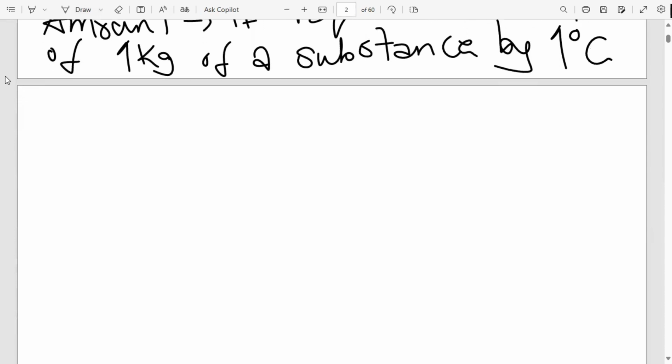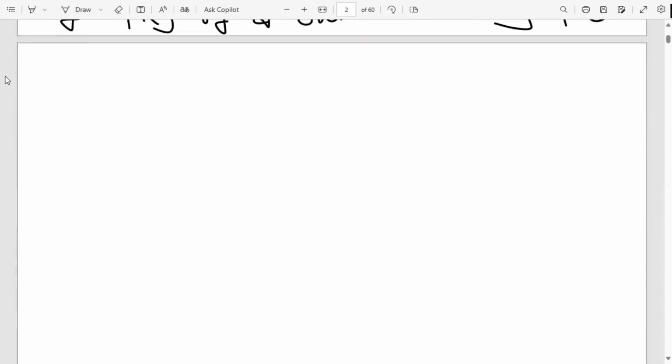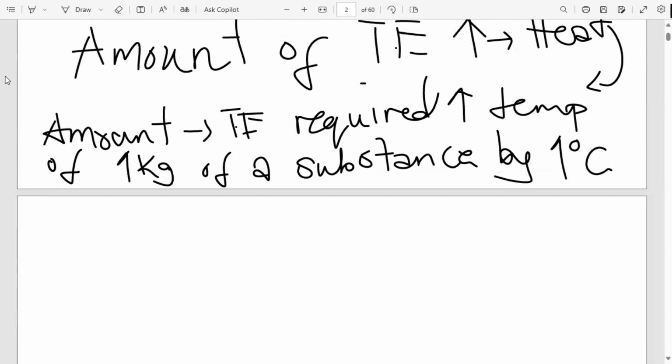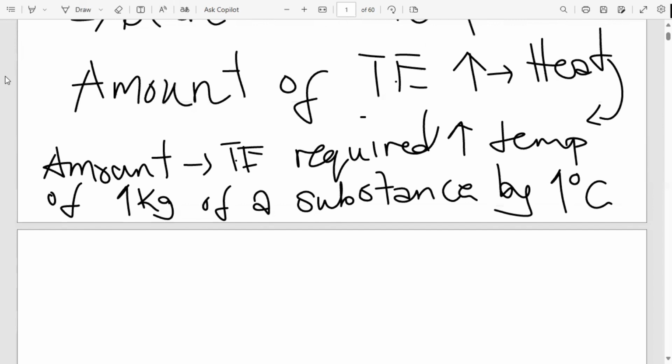It's the same, but here we are very familiar with degree Celsius, so we're going to be using 1 degree Celsius. So it is a very, very important concept because it's telling us the actual amount of thermal energy that you're going to require to raise the temperature of 1 kg of a substance by 1 degree Celsius.